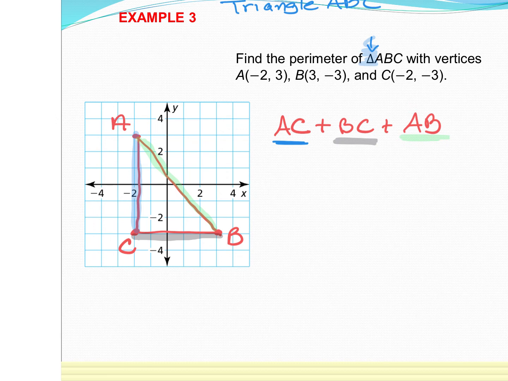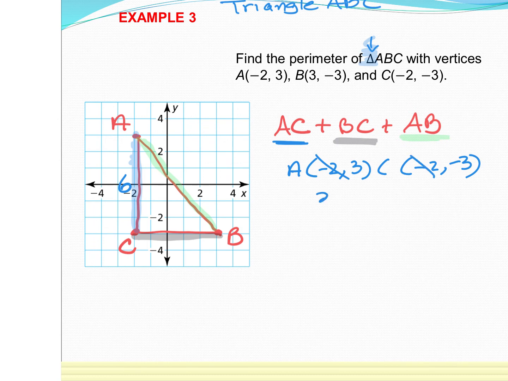So let's do AC. For AC, you can either count the squares. It's got 1, 2, 3, 4, 5, 6. So it has a side length of 6. Now, you could have also taken the ordered pairs for AC, and the x coordinate is the same, so get rid of that.